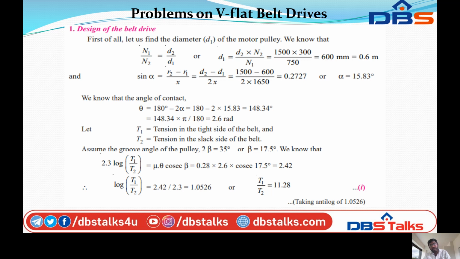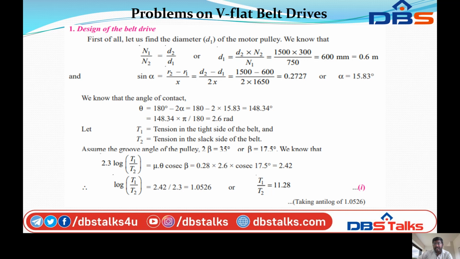The formula is N2 by N1 is equal to D2 by D1. By cross multiplication, D1 is equal to N2 into D2 by N1. Substituting the values, 1500 into 300 by 750, that is equal to 600 mm. So D1 is equal to 0.6 meters, which in mm means 600 mm.